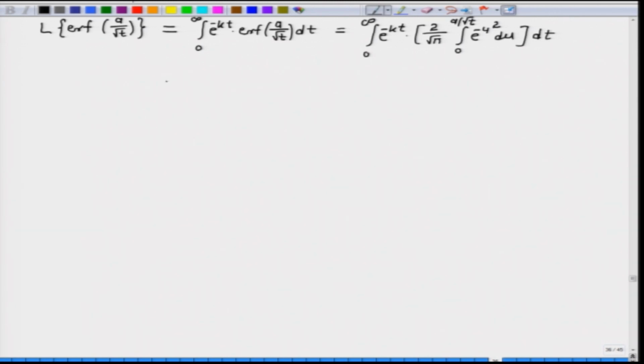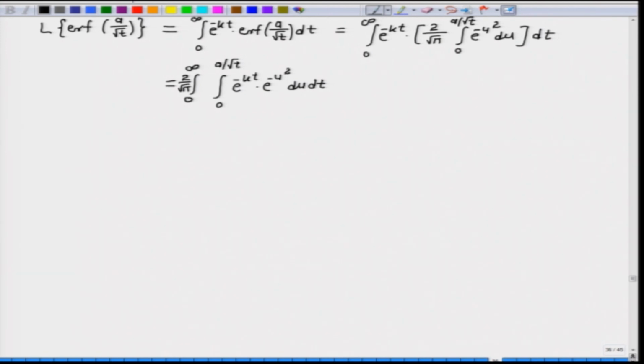So, there are two integrals involved here. Let us try to rearrange: integral 0 to infinity, integral 0 to a by root t, e to the power minus k t times e to the power minus u square du dt, and there is a factor of 2 over root pi. Let us take that outside.